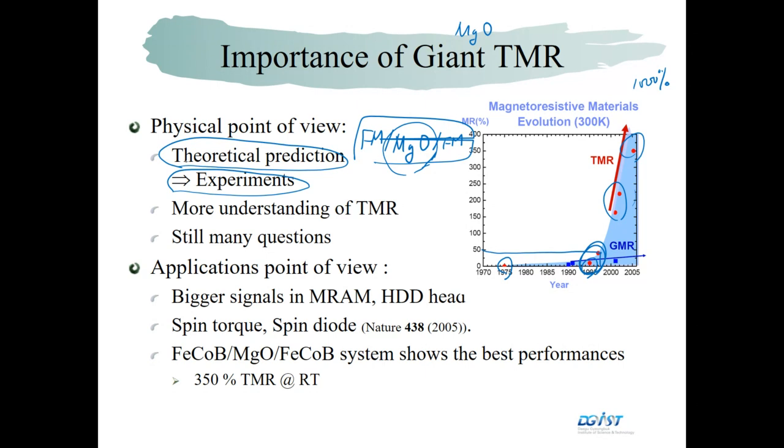Yeah, so there is a funny story. The theorists who proposed this large TMR didn't file a patent. If they had made a patent, they would have made a lot of money. So many people asked the question, you didn't make a patent with that idea? And the answer is funny. The theorist said, oh, I never imagined it could be realized, because they assumed a perfect crystal structure, and that is not easy to make.